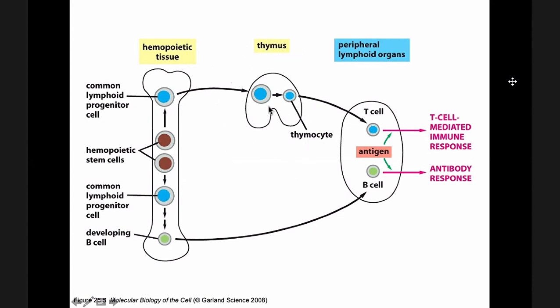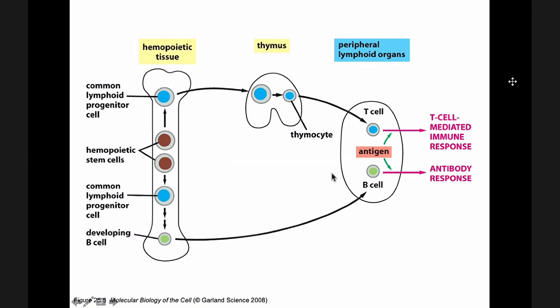Okay, the thymus is the organ that we talked about earlier on. Here in the thymus, they start their process of positive and negative selection. And if you make sure that you have not selected autoreactive cells, those cells then populate peripheral lymphoid organs.